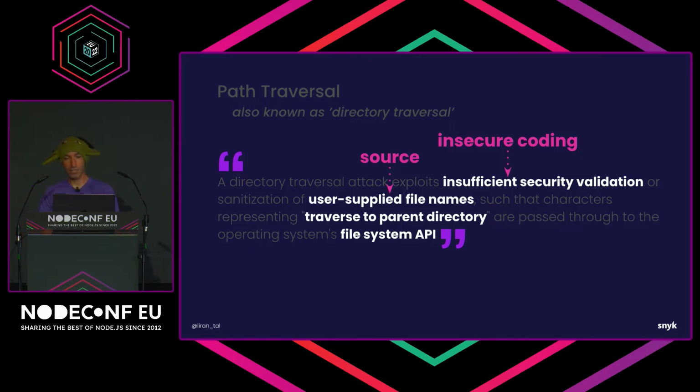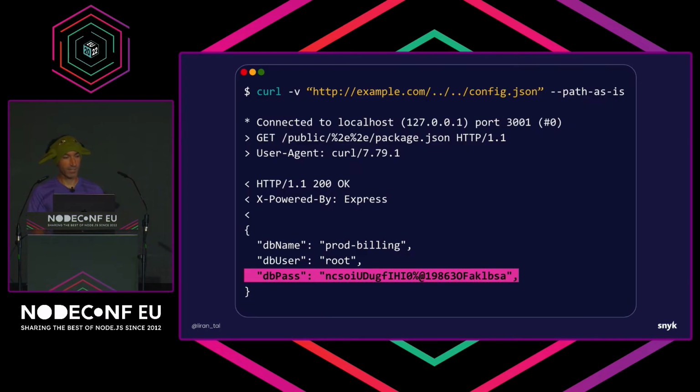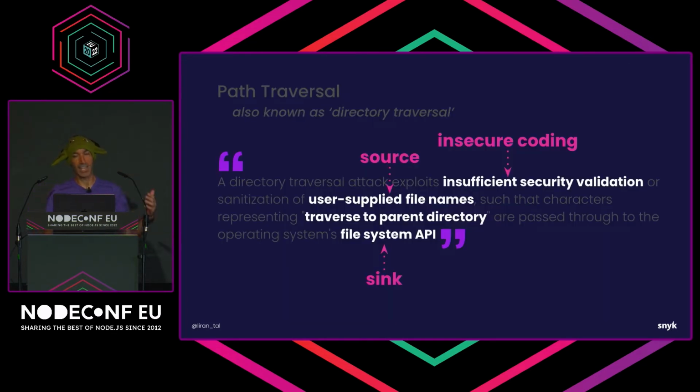And that goes straight into things like accessing the file system API, which is a very sensitive operation for operating systems or just essentially applications. And the outcome of that is, of course, that we're able to traverse a file path and access paths that we shouldn't have been able to access to begin with.